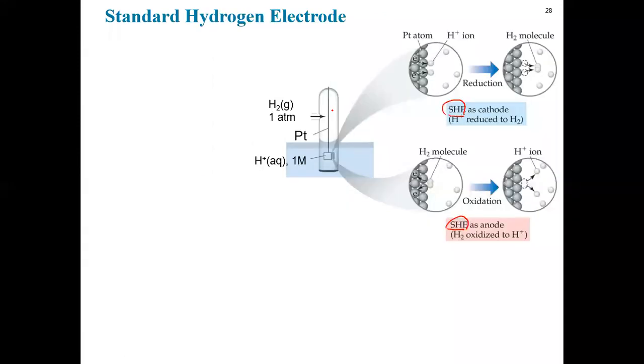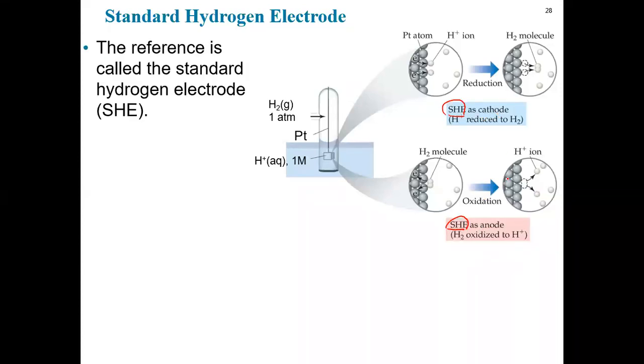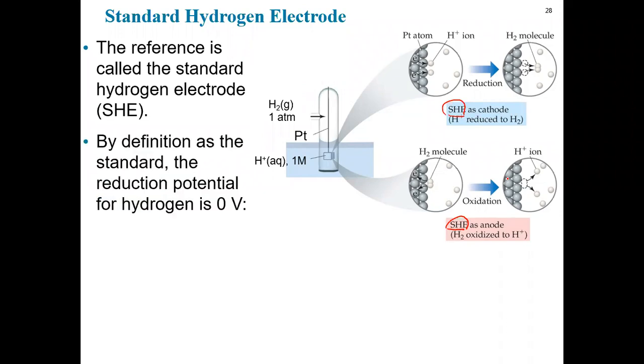Similarly, this SHE can be used as a cathode or as an anode. We call our reference the standard hydrogen electrode. By definition, the reduction potential for the SHE is 0 volts.